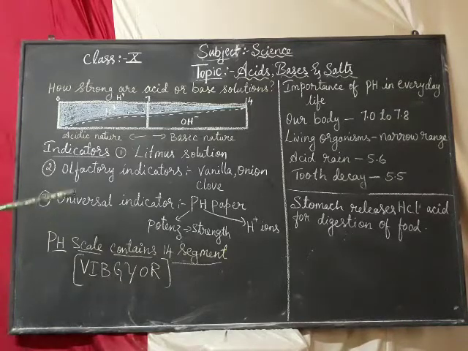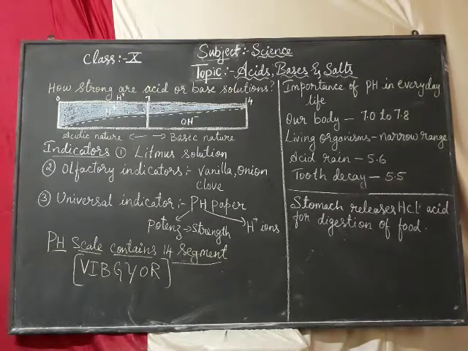Coming to the next, this is the second indicator, the olfactory indicator. What is the meaning of that? I told you that also, but once again I'll repeat. Those substances whose odor changes in acidic or basic media are called olfactory indicators. Means with the smell we can tell whether it is an acid or a base.